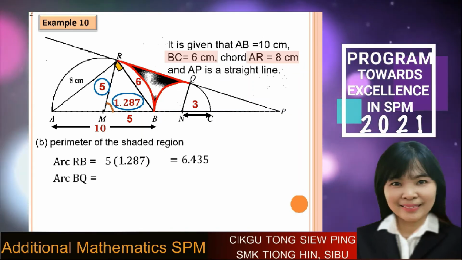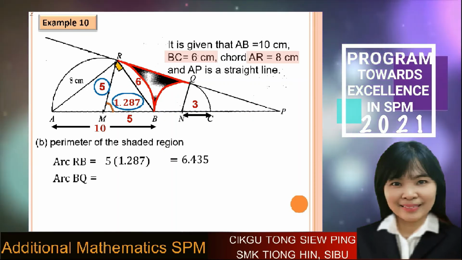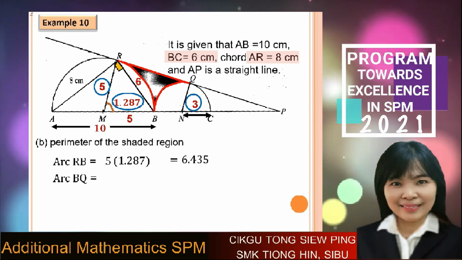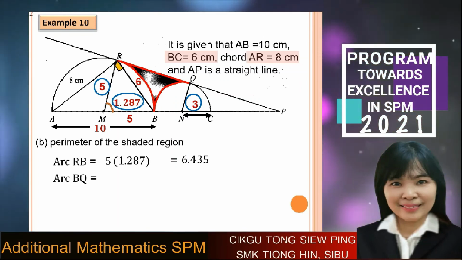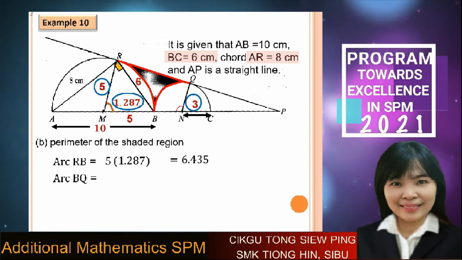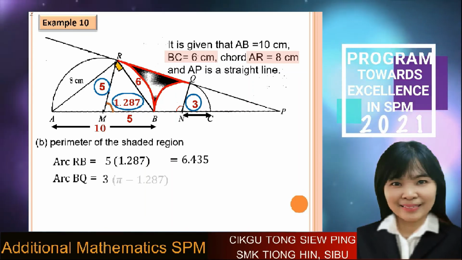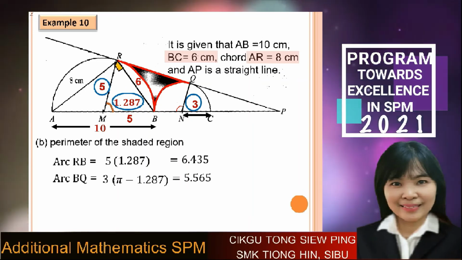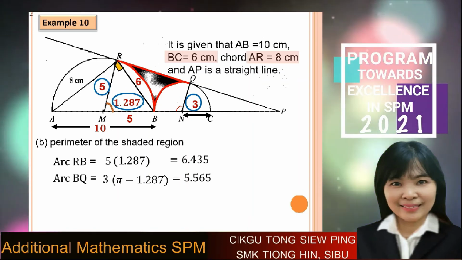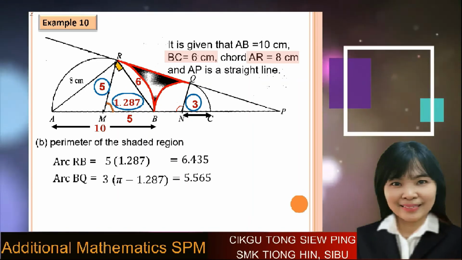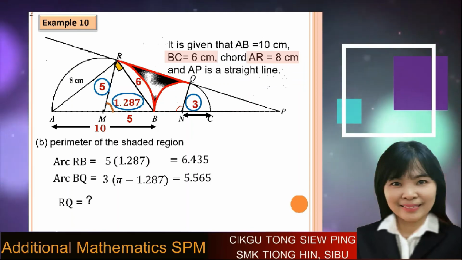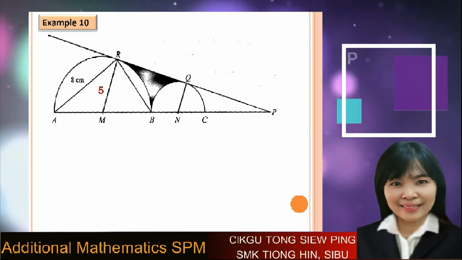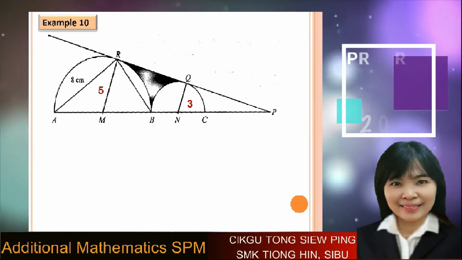Arc BQ is equal to the radius, that is 3, multiplied with the angle QNB. This angle is given by pi subtract 1.287. We get 5.565. Last, we find RQ. The length of RM is equal to 5. QN is equal to 3.